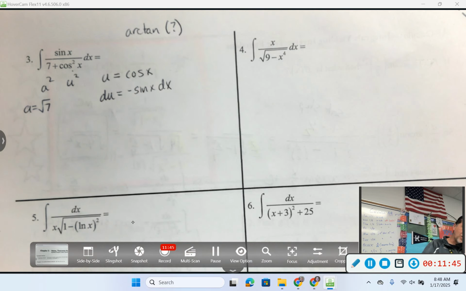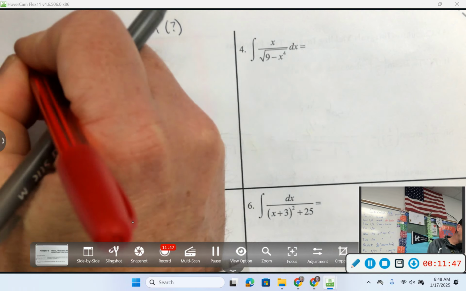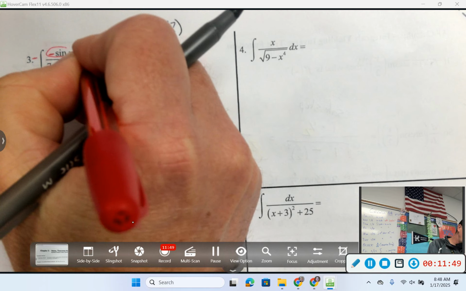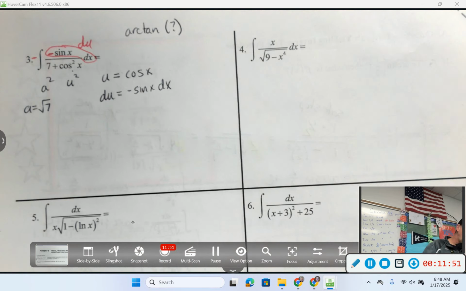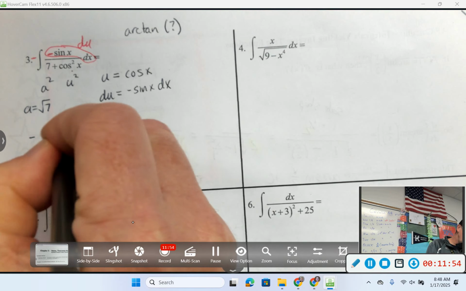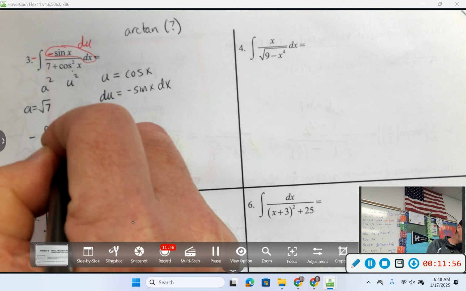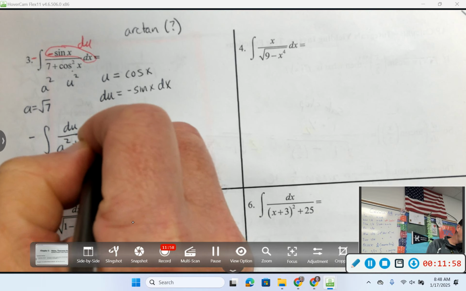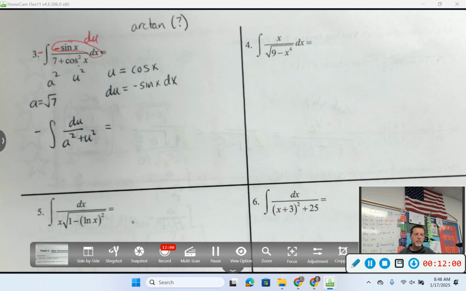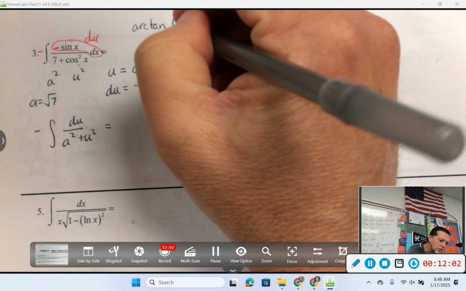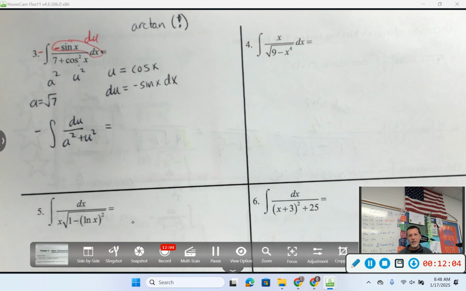Okay, that's good. So now I've got the top taken care of, meaning all of that's du. So du over a squared plus u squared. So I'm changing my question mark to an exclamation point because that is definitely arctangent.